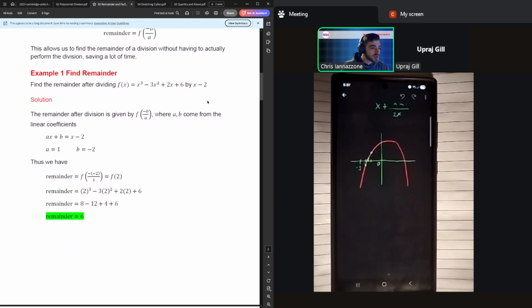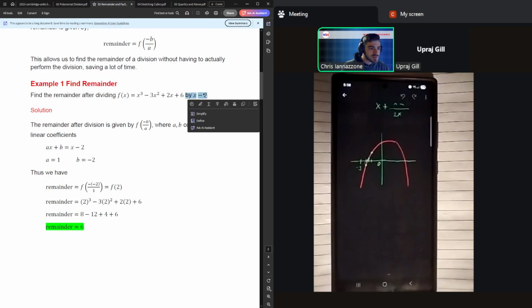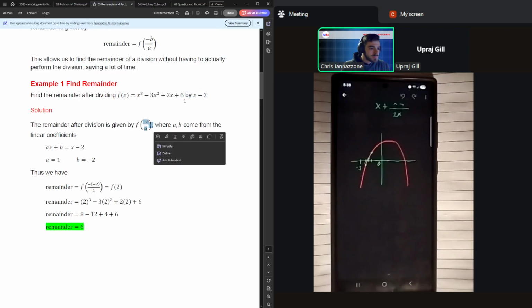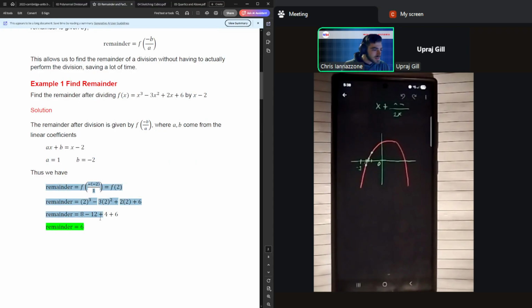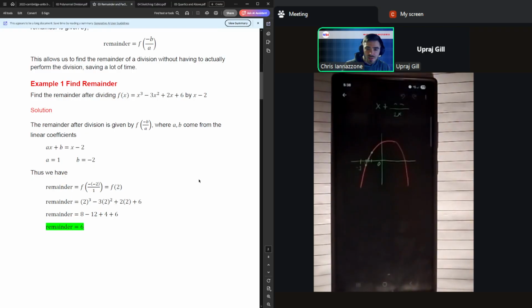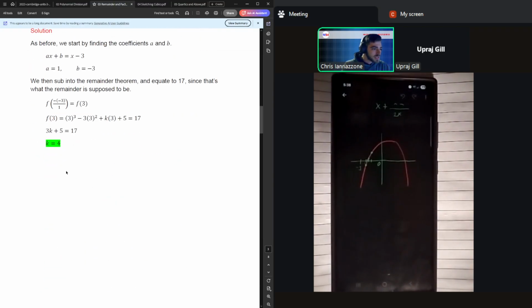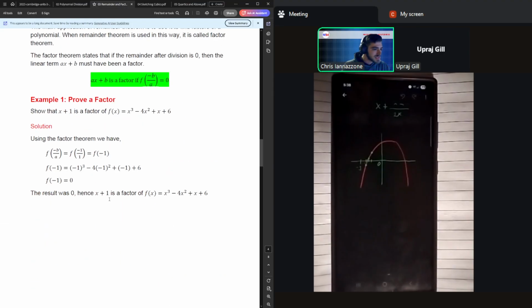So if you're simply trying to find the remainder of a polynomial after division by some linear, there's your b, there's your a, chuck it in, and simplify. That gives you the remainder. We want to get a remainder of 0. That's our goal. So if we want to prove that we have a factor, we want to get remainder 0.